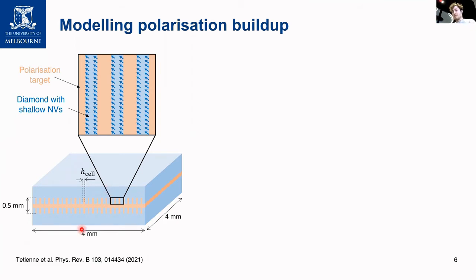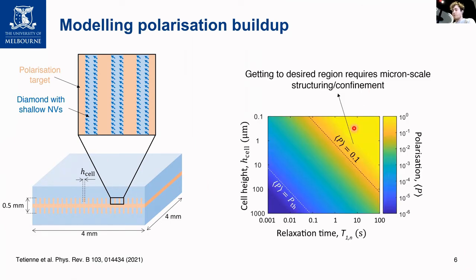And we do a parameter sweep of what this would need to look like in order to achieve the sorts of levels of polarization we would like. When we do this, we find that to obtain decent levels of polarization, we really need dimensions on the order of 1 to 10 microns, which is pretty challenging.